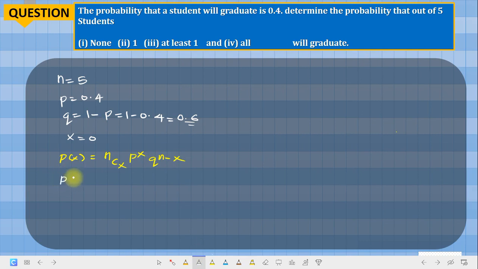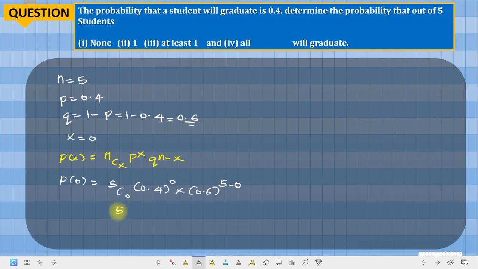Probability that none will graduate, which is 0, is 5 combination 0, then 0.4, which is our P, raised to the power of 0, times our Q, 0.6, raised to the power of our N, which is 5 minus 0.